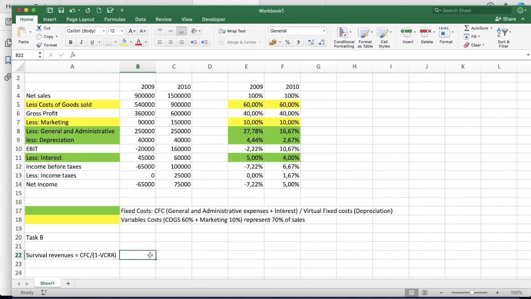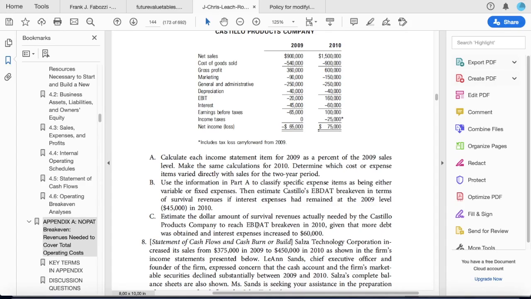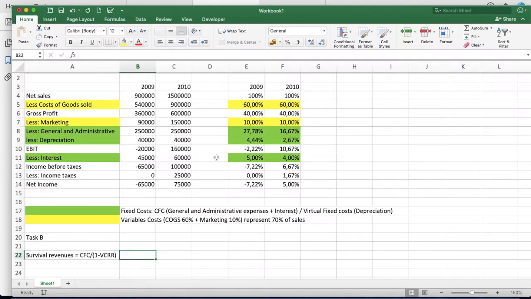So we have, in the first case, we are assuming that the interest expenses will remain constant in 2010 compared to 2009. So the survival revenues will be equal to the cash fixed costs, which are, as we can clearly see here, general and administrative expenses plus the interest.